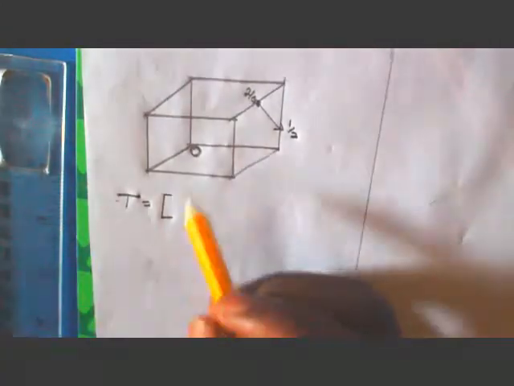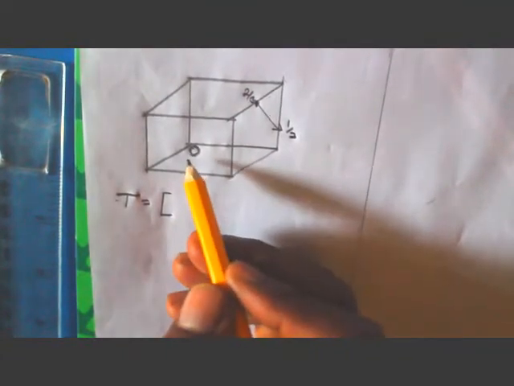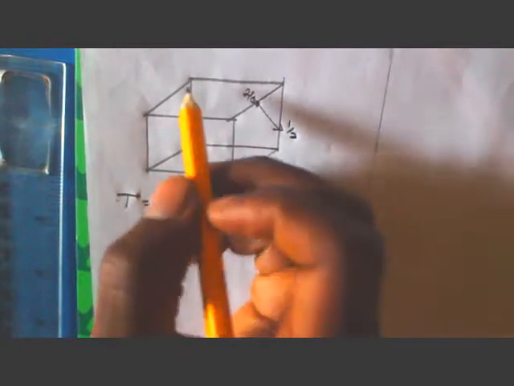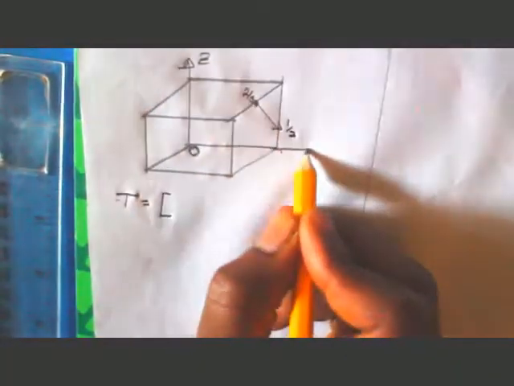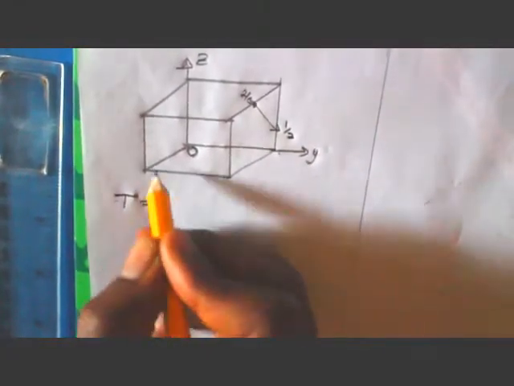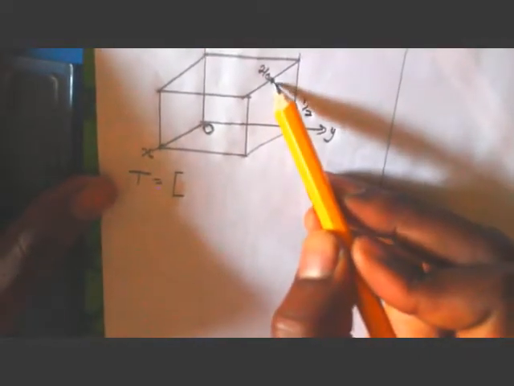I remind you, always your origin must be at the center. Here is Z, here is Y, and here is X. For you to find the direction of the tail, you have to be very careful.